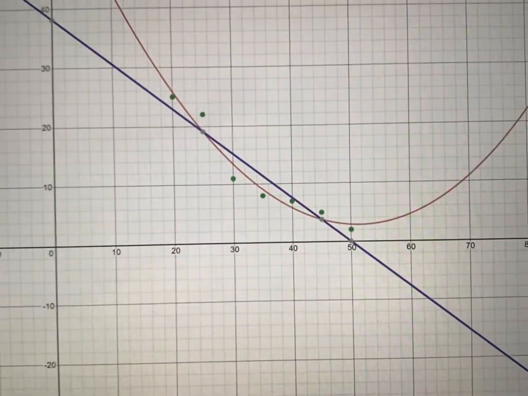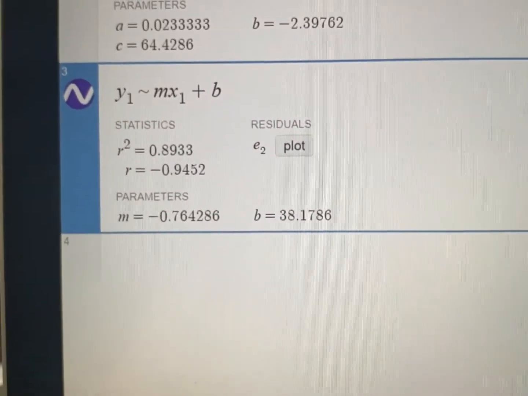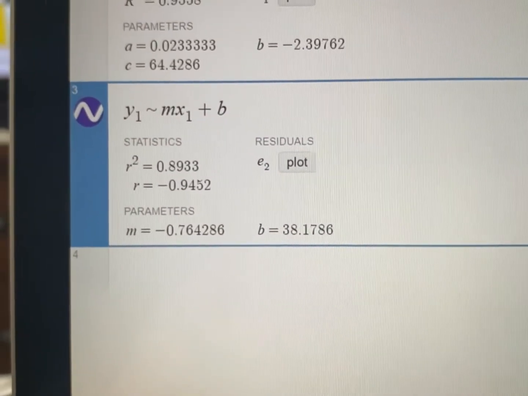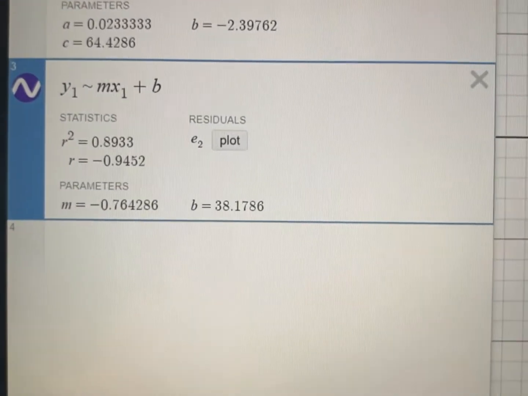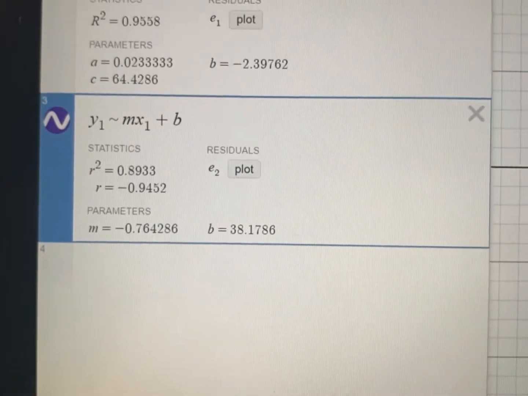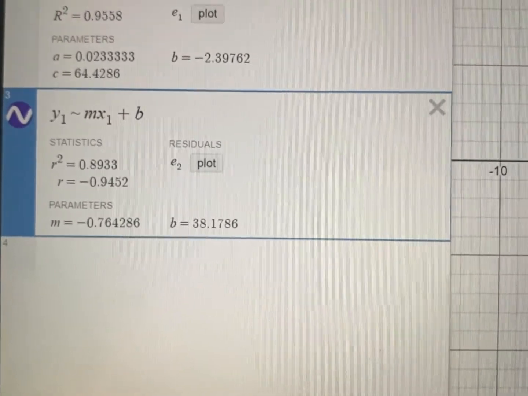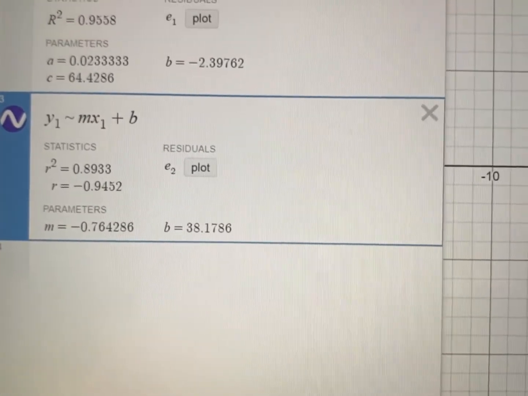So as you can see, it's a pretty straight line. If you look over here and look at R, it's negative 0.9452. So we can conclude that the correlation coefficient is decent because it is close to 1.